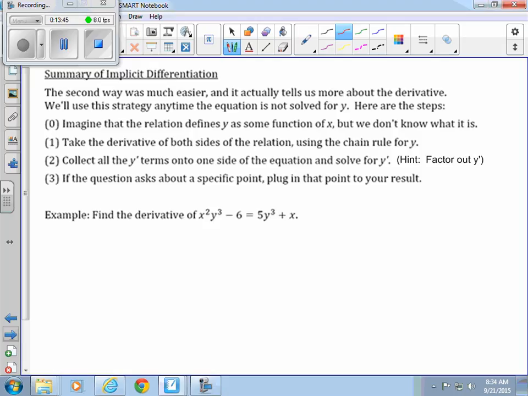Collect all the y prime terms on one side of the equation and solve for y prime. And I put a little hint there. You'll need to factor out y prime most of the time. And if the question asks about a specific point, plug that in. So if it were a tangent line at the point 4, 3, plug in 4, 3.